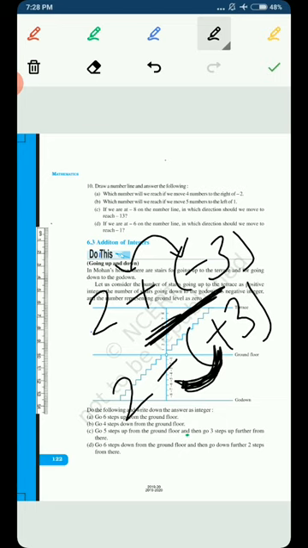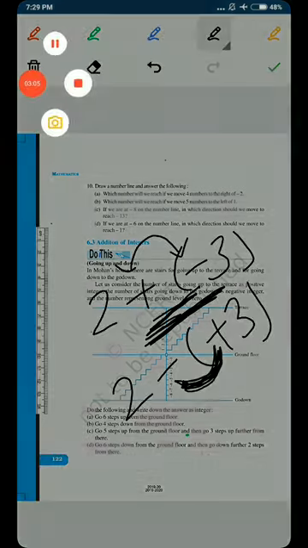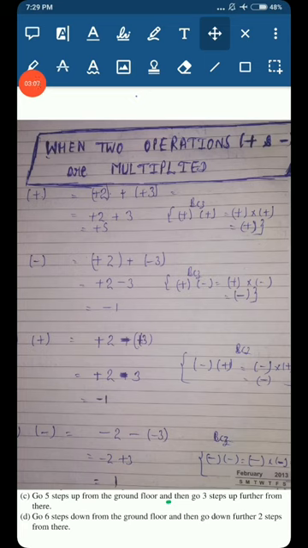When I say that plus minus is equal to minus, it means I am getting this by the multiplication of these two symbols. So the first important point we need to understand is, when two operations plus and minus are multiplied, what is the resultant symbol? When plus and minus, or minus and minus, are in multiplication, what is the result?